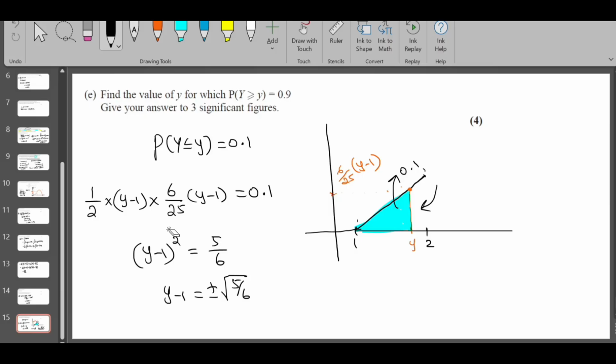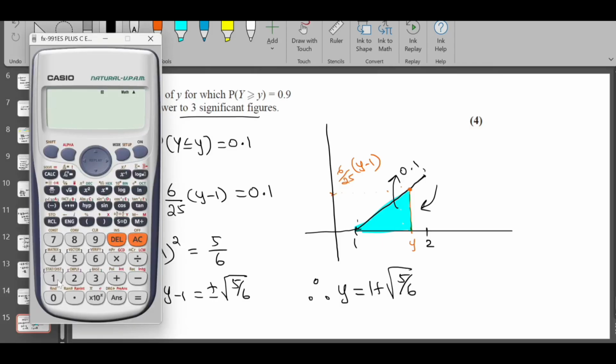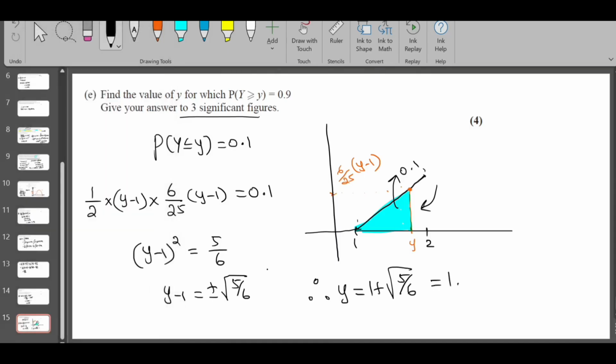You don't need to write any explanation here. You can straight away write, therefore y is equal to, they want the value of y to 3 significant figures. First write it this way: 1 plus square root of 5 over 6. 1.91 is the answer. 1.91, that's all.